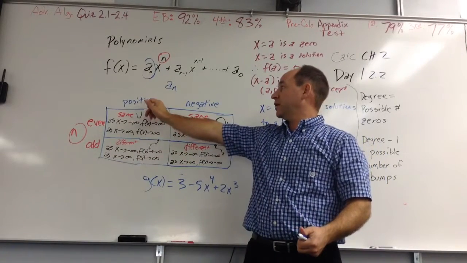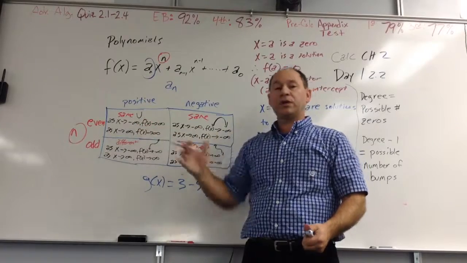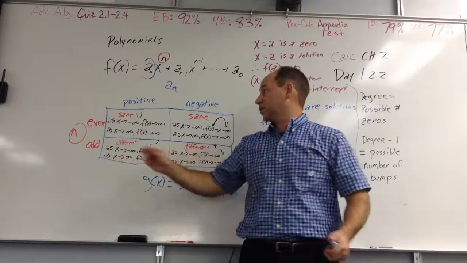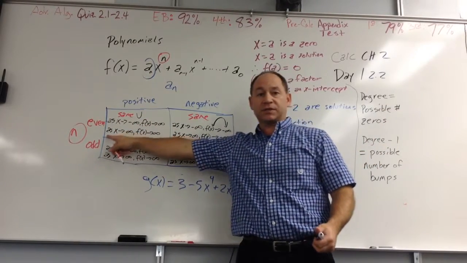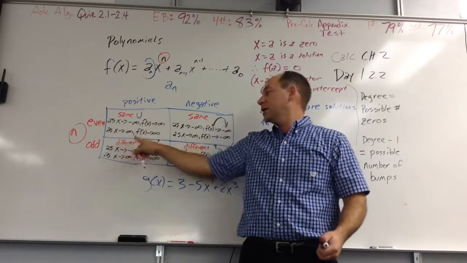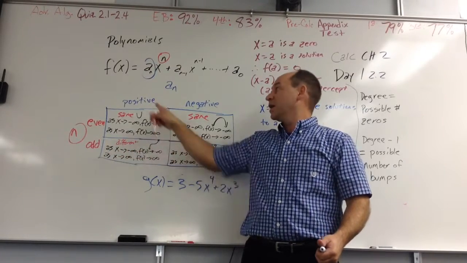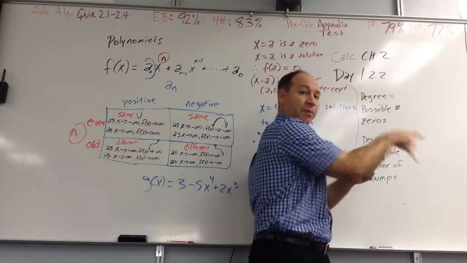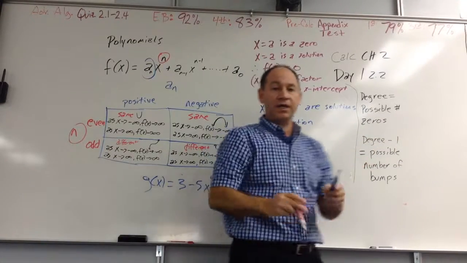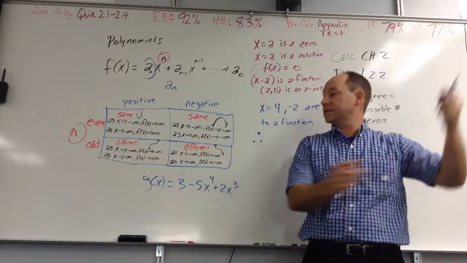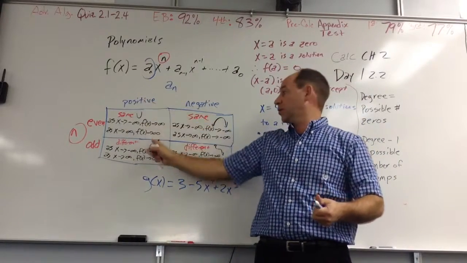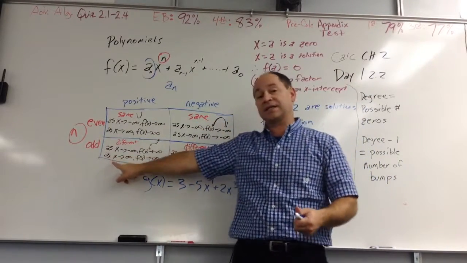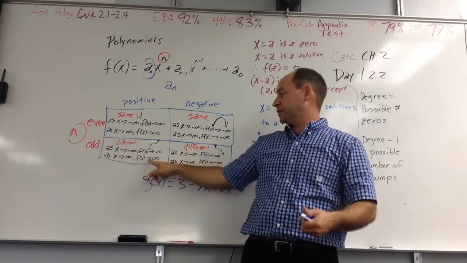If the leading coefficient is positive, then as x goes to infinity, that's going to the right, f of x will also go to infinity, because the leading coefficient always predicts what the function does off at positive infinity, off to the right. So I'm thinking, as I go to the right, what's it going to do? Well, if it's positive, it's going to go up. As x approaches infinity, f of x will approach infinity.